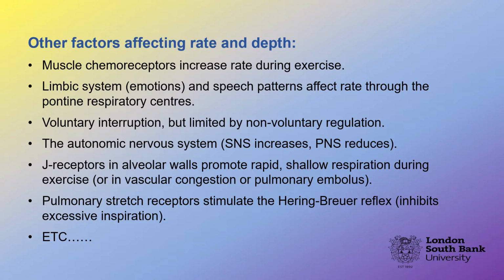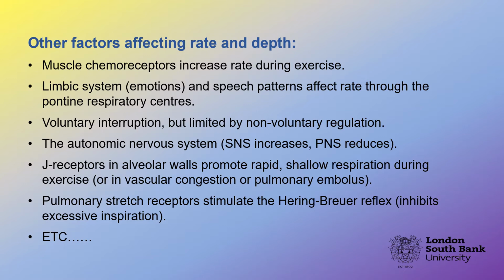Also, we have the limbic system, which is our emotional center, and speech patterns. Remember, we said we need to change for speaking. We need to change the rate and modulate it and change the regularity. And this is all done through the Pontine Respiratory Centre.